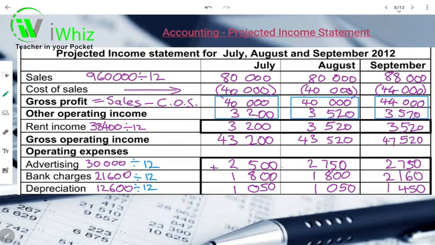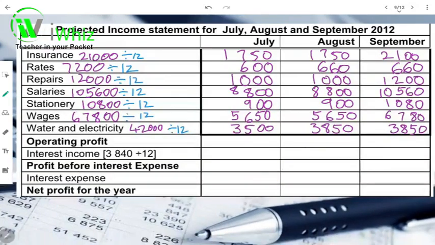2,500 Rand plus 1,800 Rand plus 1,050 Rand plus 1,750 Rand plus 600 Rand plus 1,000 Rand plus 8,800 Rand plus 900 Rand plus 5,650 Rand plus 3,500 Rand.